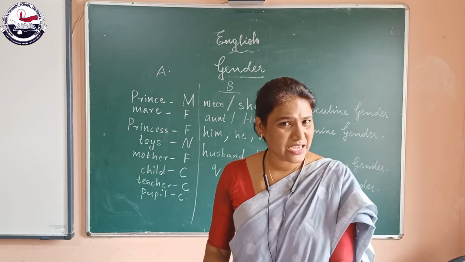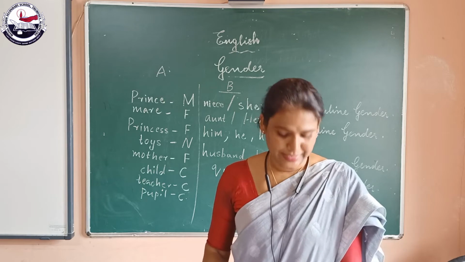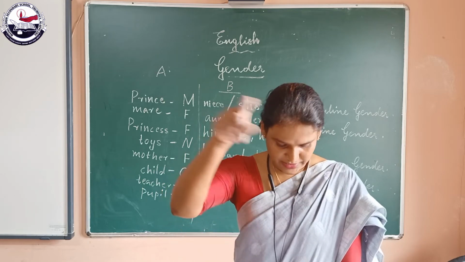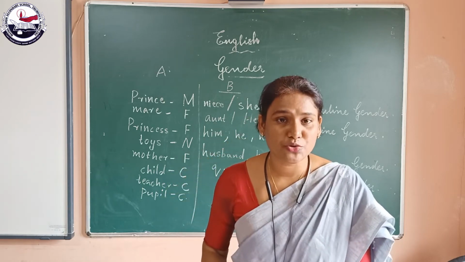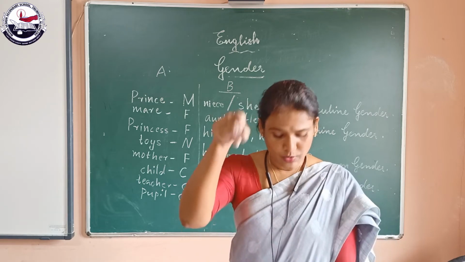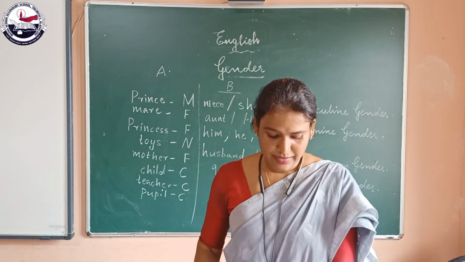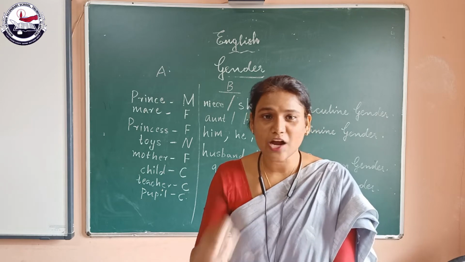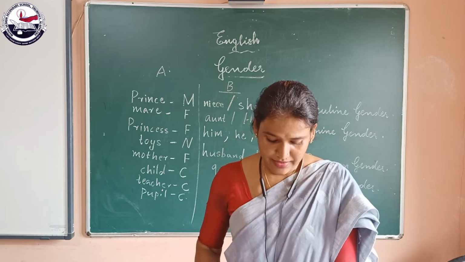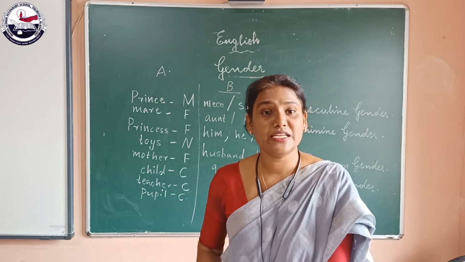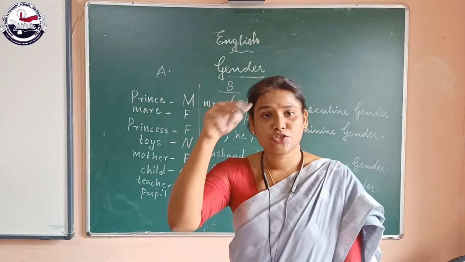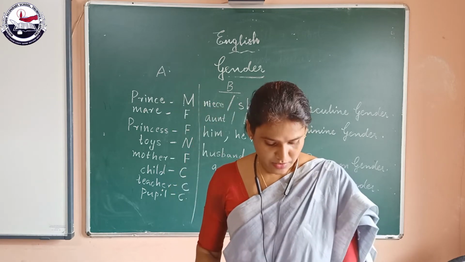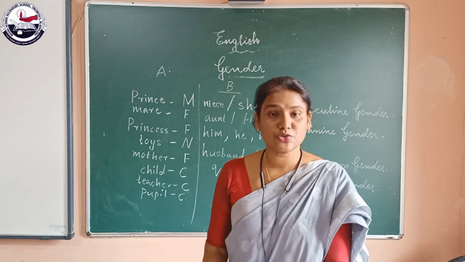It's a non-living thing, so it belongs to neuter gender. So you have to circle. Table is also neuter, so circle. Next, which word is common gender? Cousin. Cousin is a common gender. Underline. And last one, pen. Pen is also neuter gender, so circle it. The next questions you can do.